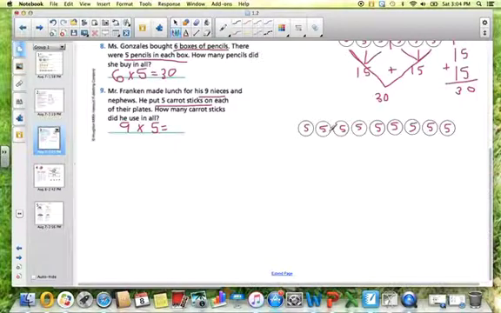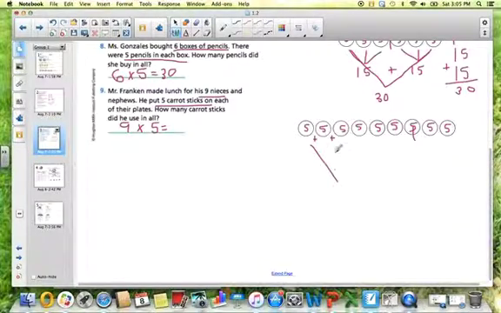Okay, so we have 9 groups with 5s. We know that we're adding all these 5s together. So since we're master 5 counters, let's count by 5s to find the answer. So 5, 10, 15, 20, 25, 30, 35, 40, 45.